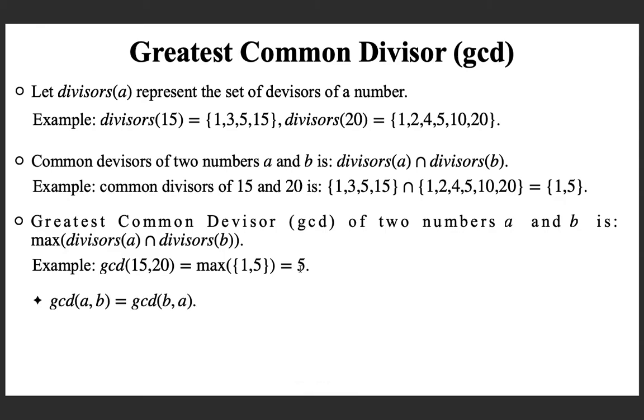And now we can see some known results about GCD. From the definition, it is very easy to verify that GCD of A, B is equal to GCD of B, A, because intersection is commutative. Now, GCD of A, B is the same as GCD of minus A, B or GCD of A, minus B, which is also easy to verify.